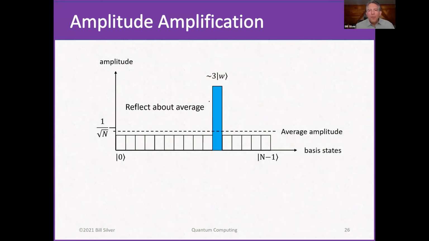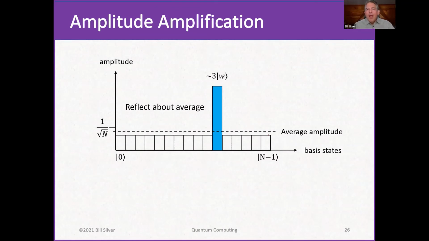So now, all the non-winning basis states, instead of being slightly above average, are now slightly below average, and that negative one has been flipped a lot, by approximately 3 times its amplitude, right? Because it is approximately 2 amplitudes below the average, and the average is about 1 amplitude above 0. And when you flip it, it has now been amplified by about a factor of 3. So it's now beginning to stand out.